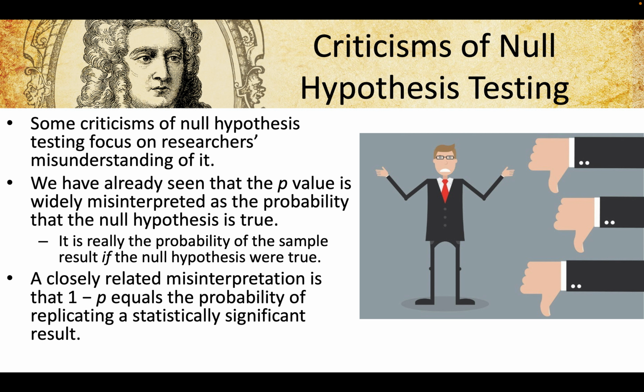We've already seen that the p-value is widely misinterpreted as the probability that the null hypothesis is true. It is really the probability of the sample result if the null hypothesis were true. A closely related misinterpretation is that 1 minus p equals the probability of replicating a statistically significant result.